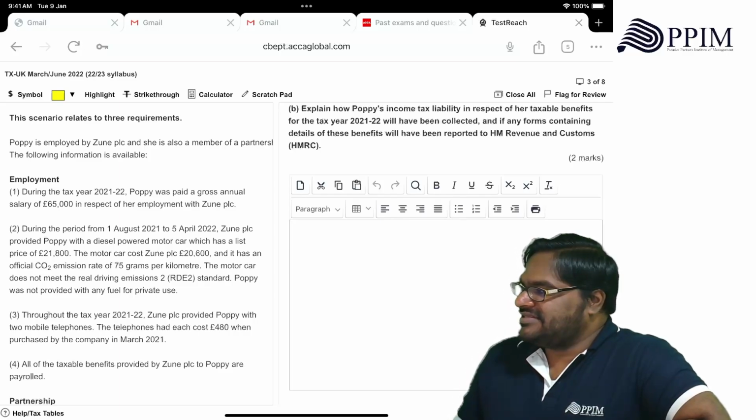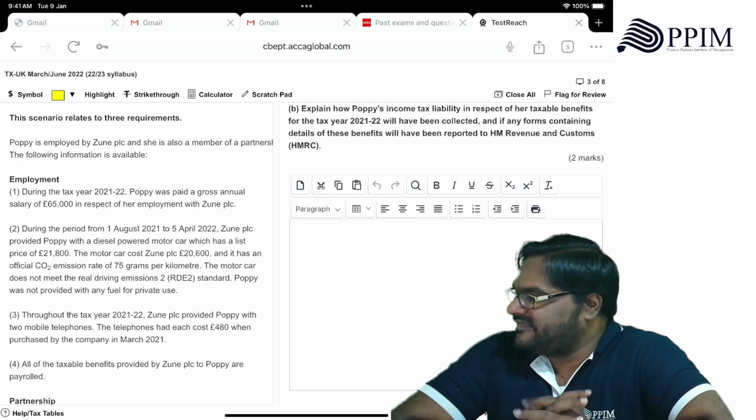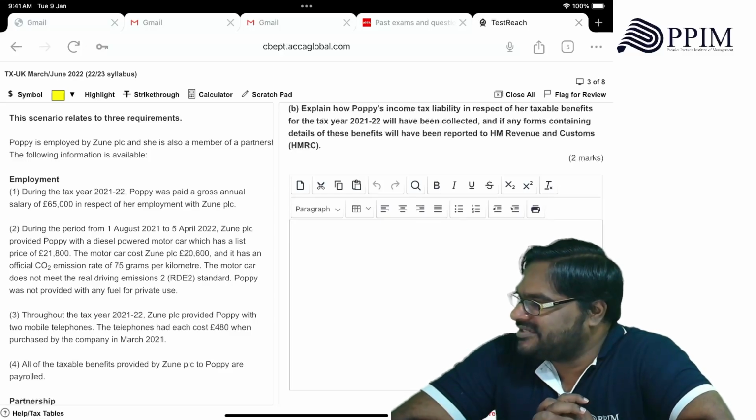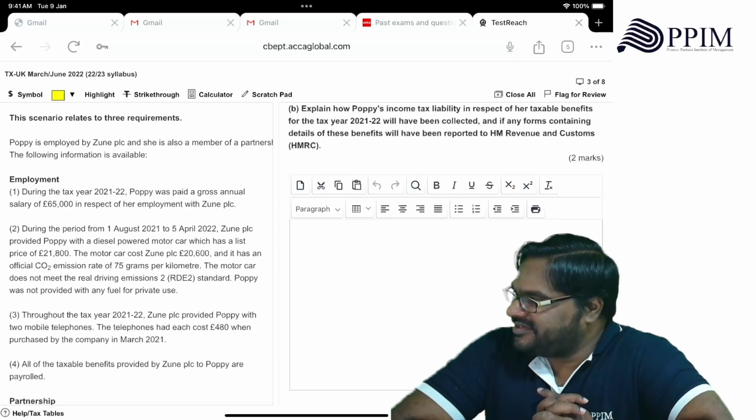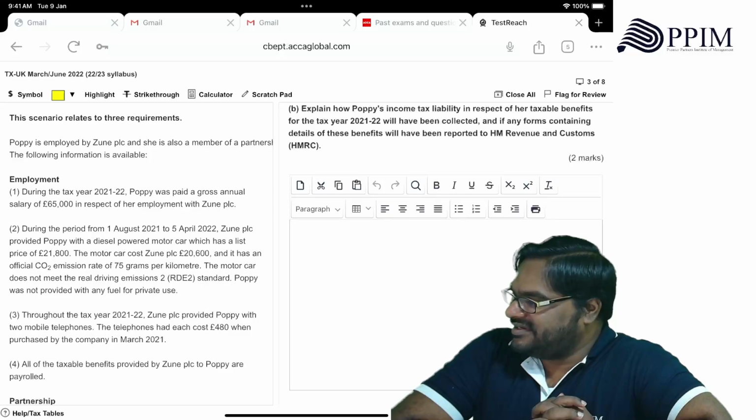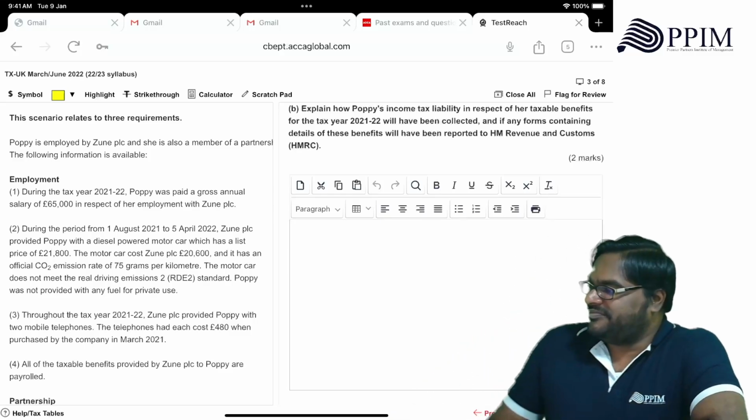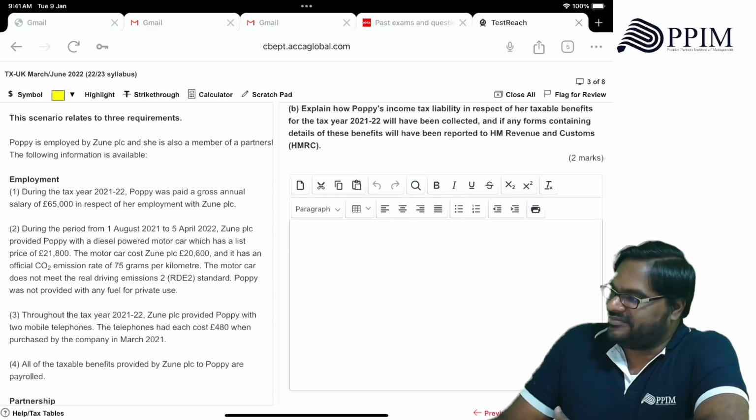Okay, I got a few answers. Let's see. All taxable benefits are payrolled. Therefore, taxable benefits will be collected with the income tax liability. If not payrolled, the P11D form contains all information and needs to be submitted by 6th July.